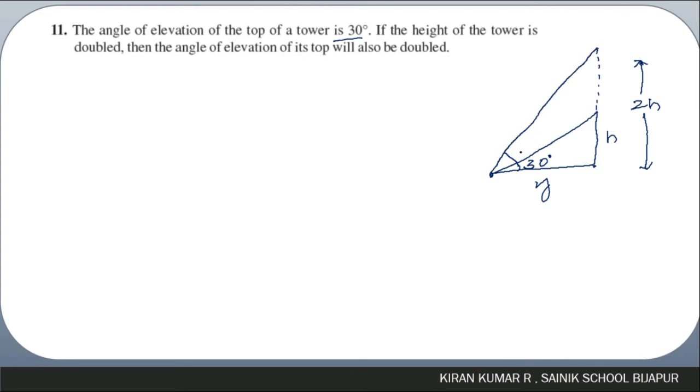Let me consider the angle to be theta. Let tower be represented by the letter TW. Let this point be T dash when the tower height is doubled. Let the observer be at point A.